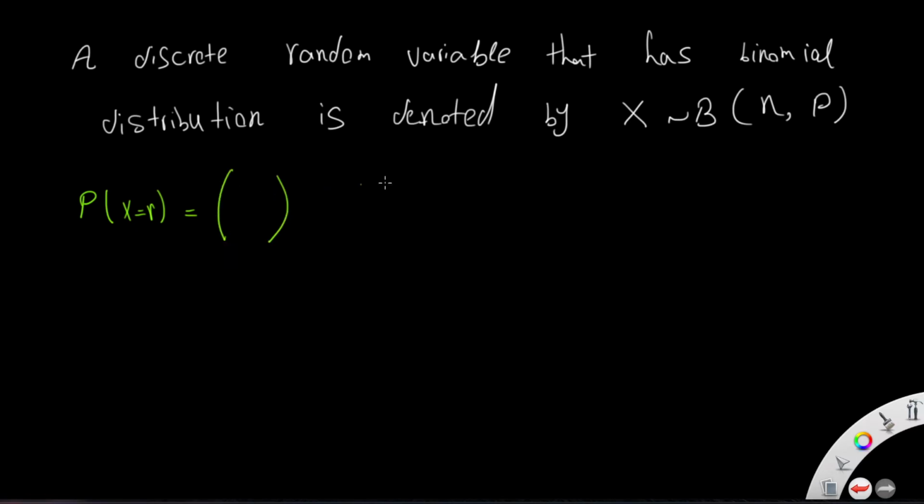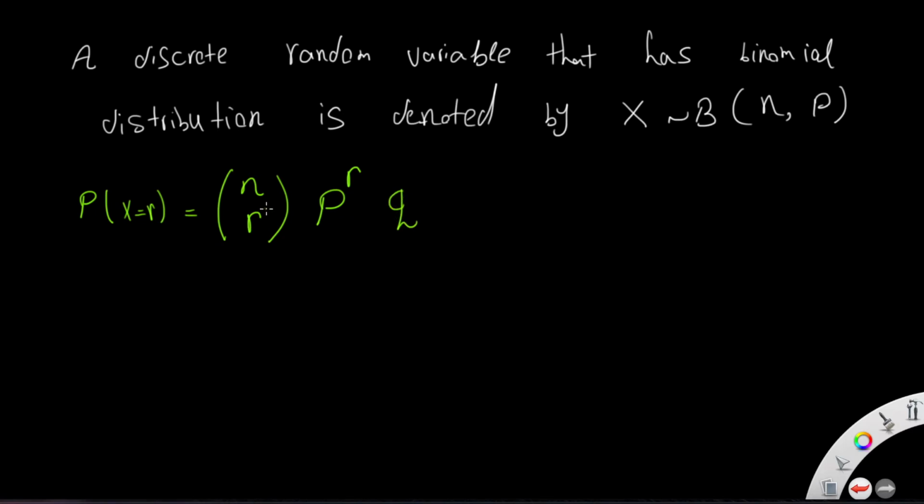Combination of the total number of trials, which is n, and out of these n trials you are going to have r successes, so it will be combination of n and r. Probability of success is p, and you are going to have r successes out of these n trials, so it will be p to the power of r, and the rest of the trials will be failures.